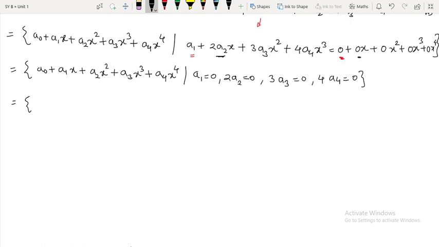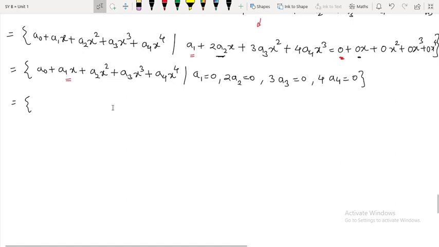So if you put a1 equal to 0, this term is going to be 0. Now again, twice a2 equal to 0 will give you a2 equal to 0. This thrice a3 equal to 0 will also give you a3 equal to 0, and this will give you a4 equal to 0. It means a1 is 0, a2 is 0, a3 is 0, and a4 is 0.